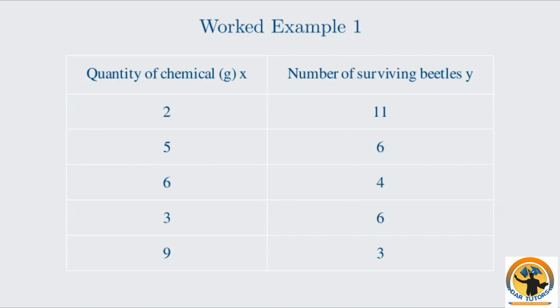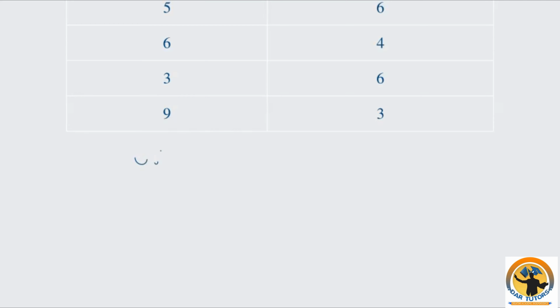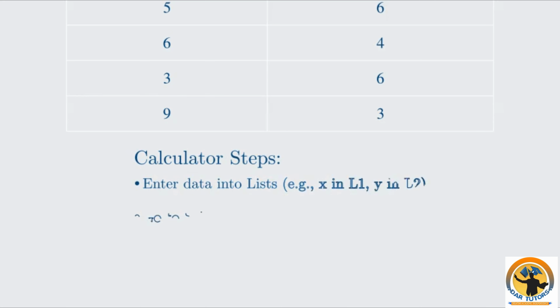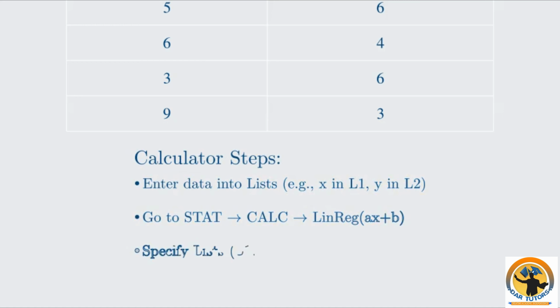The first step is to input this data into your calculator. Open the statistics mode, find your list editor, and enter the X values into one list, say L1, and the Y values into another, L2. Once the data is entered, you need to find the linear regression function. This is typically in a CALC menu. Select LinReg ax plus b or something similar.